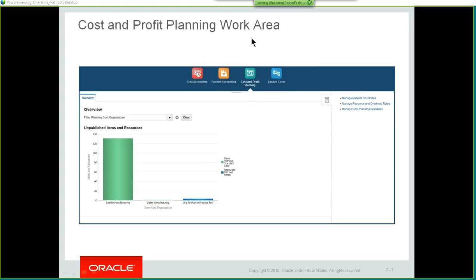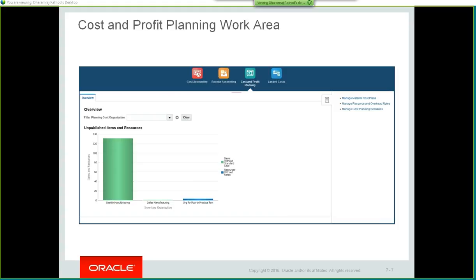This is the cost and profit planning work area where you will be able to manage the standard cost of the purchased item. You would be able to manage the cost of your resources, and it could be overheads. And you can use the scenario to roll up those costs so that you will estimate the standard cost for an assembly, for that matter.